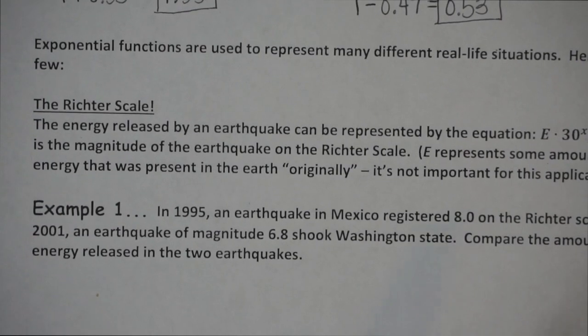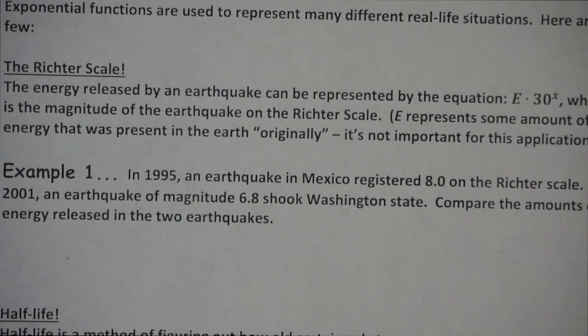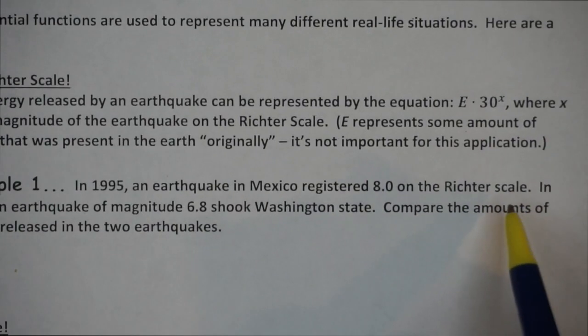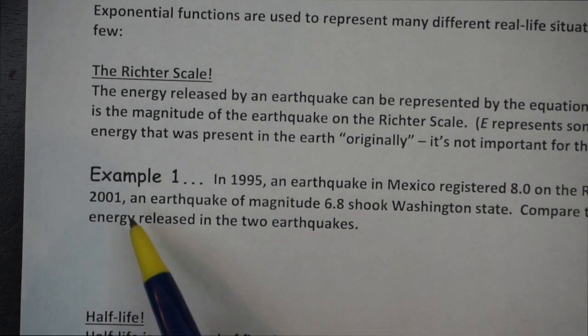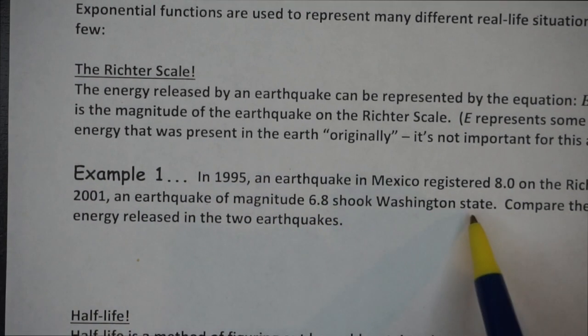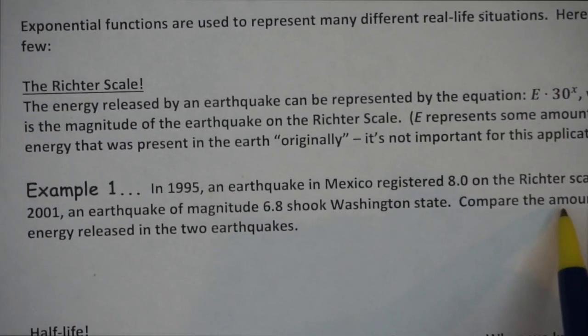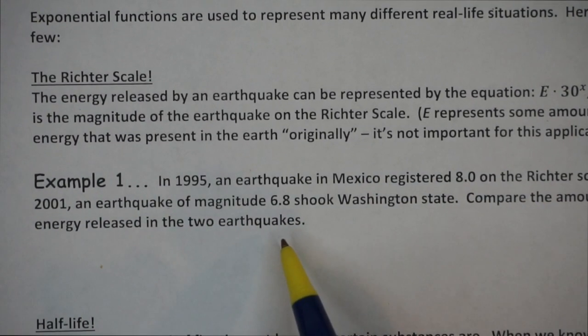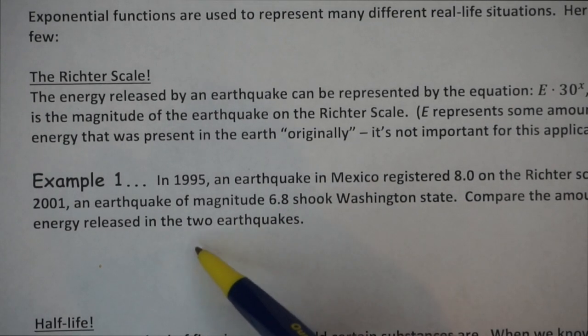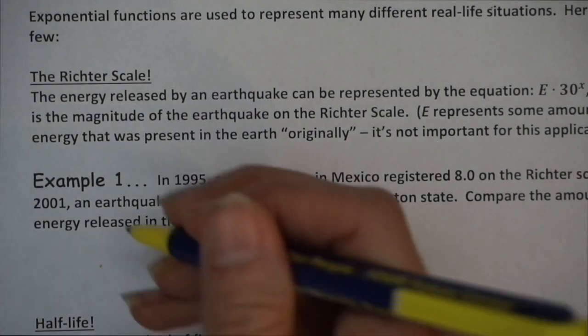So if you look at example 1, they said in 1995, an earthquake in Mexico registered an 8.0 on the Richter scale. In 2001, an earthquake of magnitude 6.8 shook Washington state. Compare the amounts of energy released in the two earthquakes. When we compare, what we're going to do is set them as a fraction. I'm going to put Mexico on top of the Washington one because it was first.